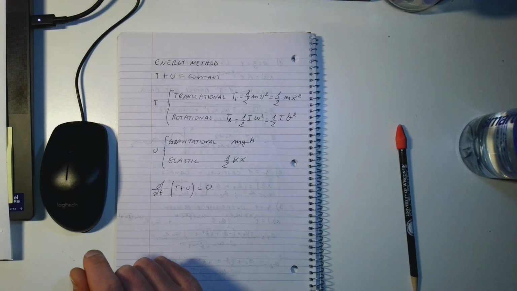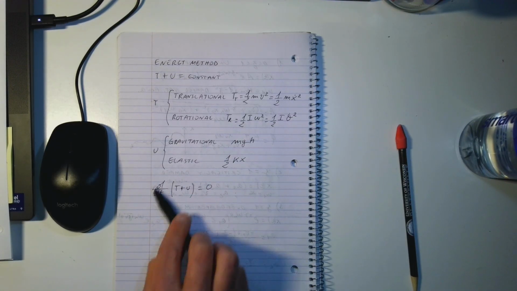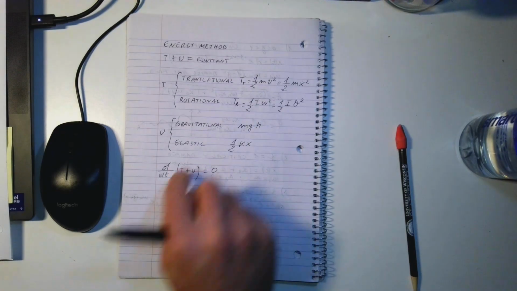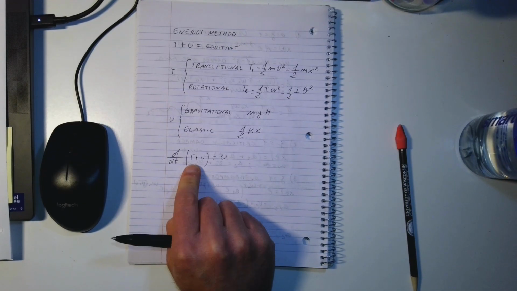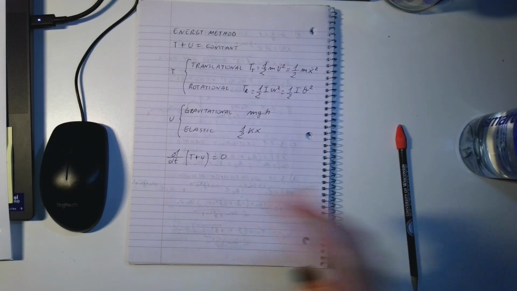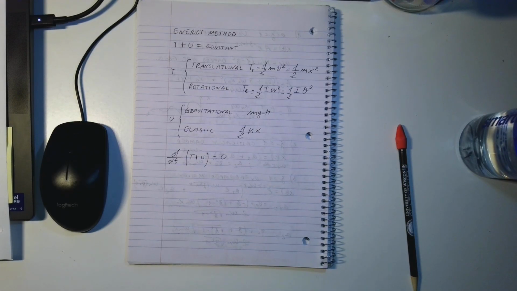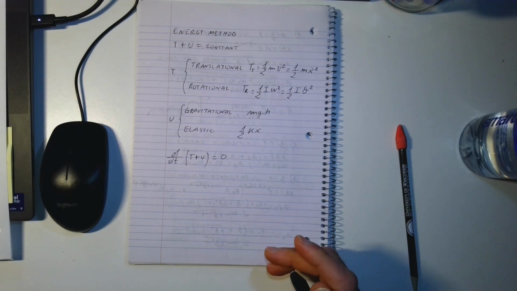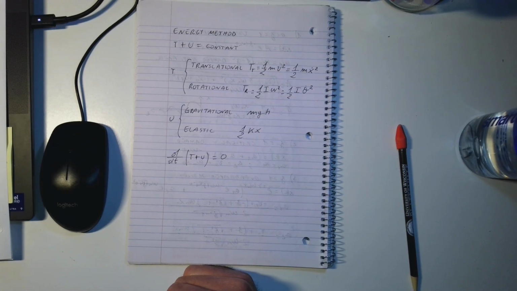So when we apply this condition, we plug in the expression of kinetic energy and potential energy, we derive, and then typically we need to do some simplification, and then we finally obtain the equation of motion, from which we can calculate, of course, the natural frequency.